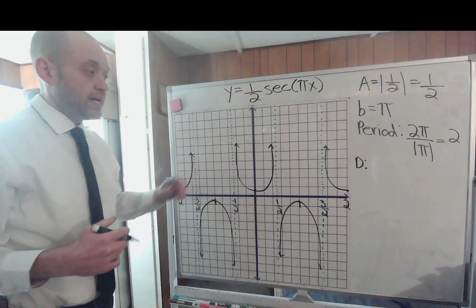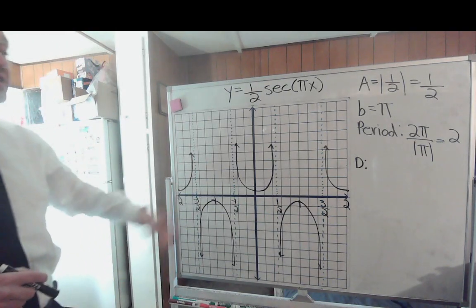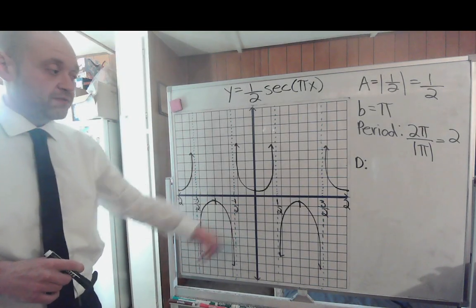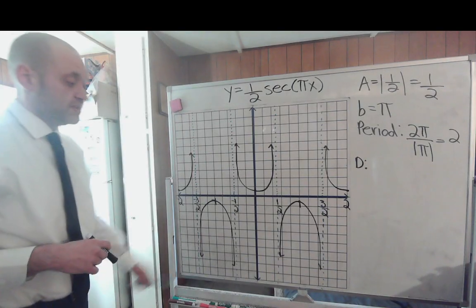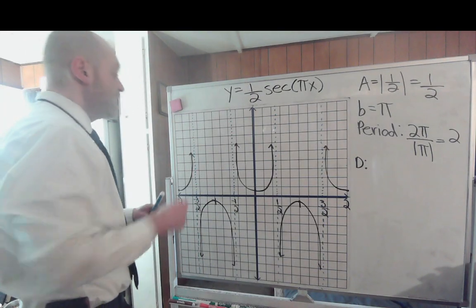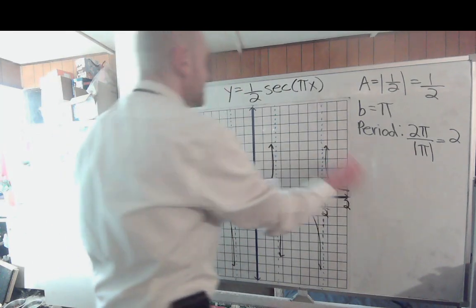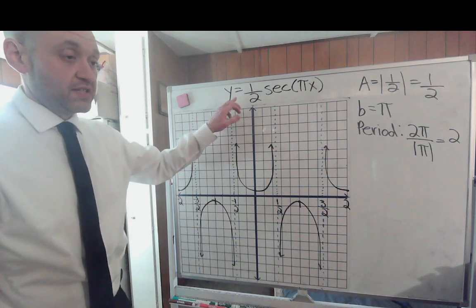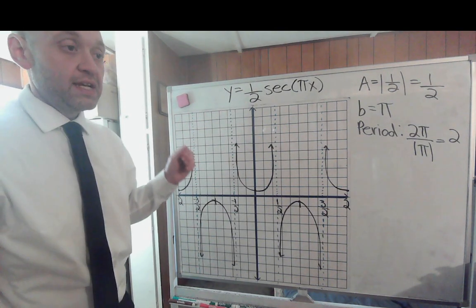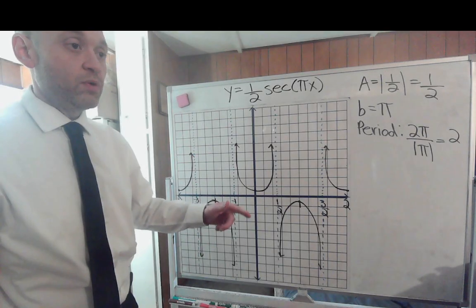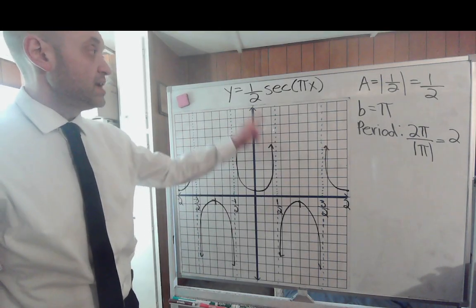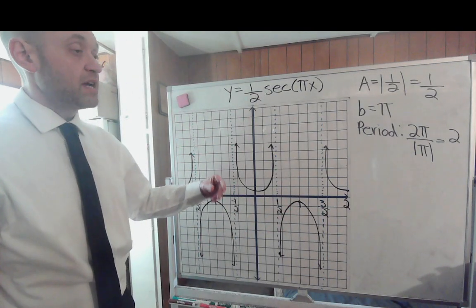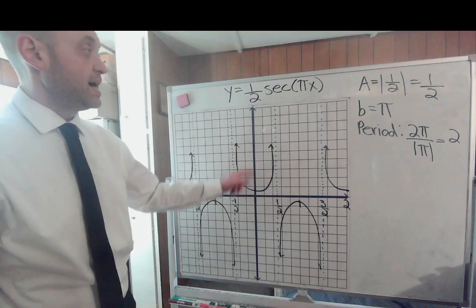So my domain, again, we know what the domain is. It's all reals except for odd multiples of 1/2 in this case. Now my range, on the other hand, the amplitude has affected the range. What's normally negative infinity to negative 1 would make my range negative infinity to negative 1/2. And then it would also make my range from positive 1/2 to infinity.